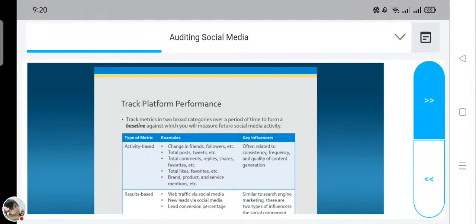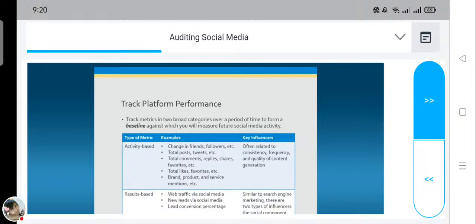Now then we have a second broad category of metrics called results-based metrics. And these are indicating how those numbers have parlayed into actual website traffic for your brand, actual leads to new business, and actual conversion into sales.